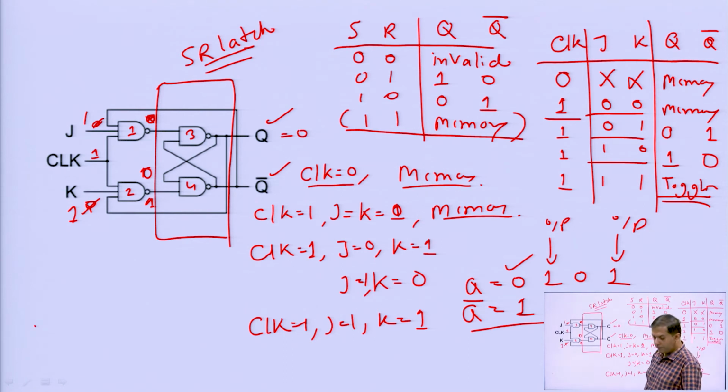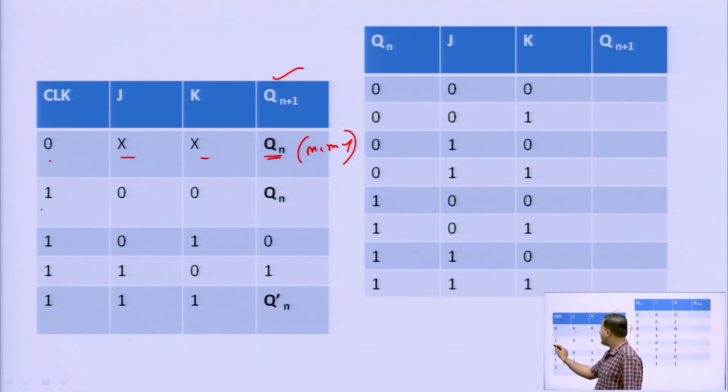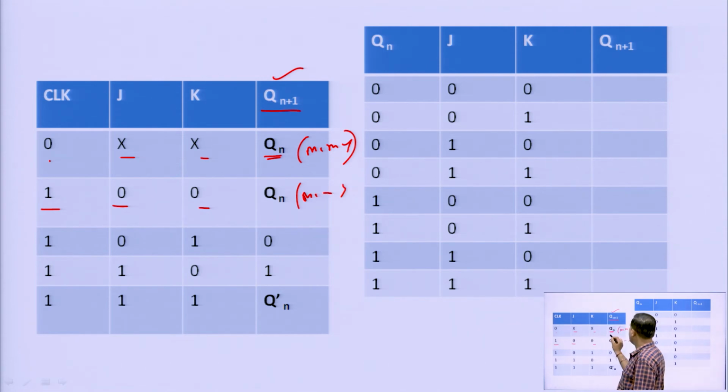Now, whatever I have told you, I have written like this. See, when clock is 0, our input of J and K does not matter. So, our next state will be the previous state, means memory. When clock is 1 and J and K are 0 0, in that case also the next state would be the same as the present state, means memory, Q n plus 1 will be Q n.